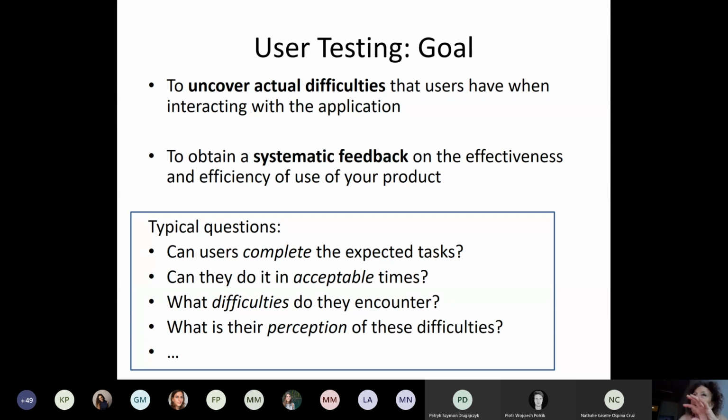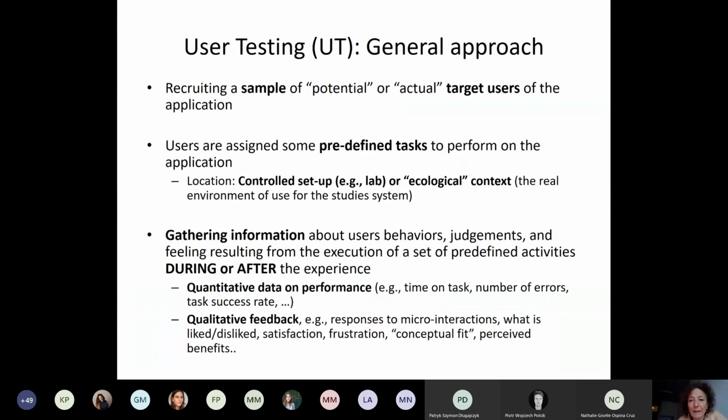Of course, this is related to the true functionalities as well as to a sort of emotional feeling. So it's functional attributes and hedonic attributes. There is always a border, with some aspects that are borderline between the two of them. So how do they feel about the system and this difficulty?